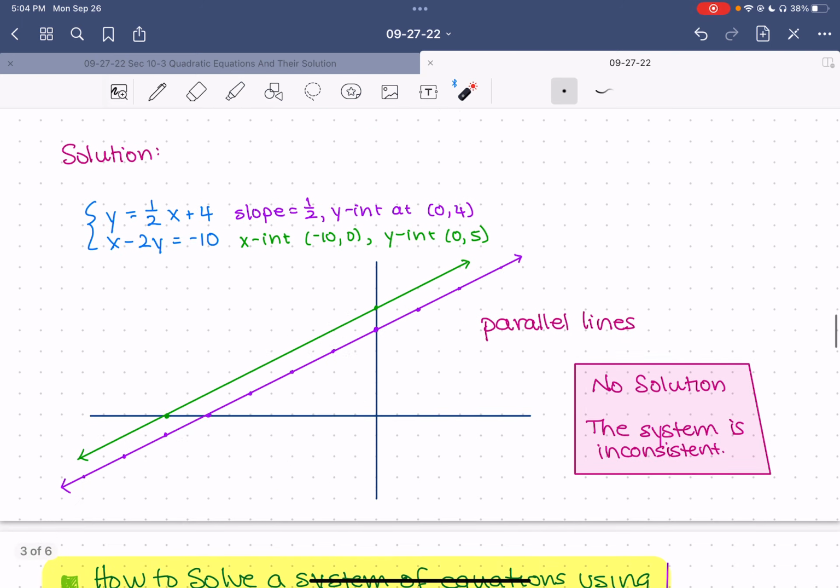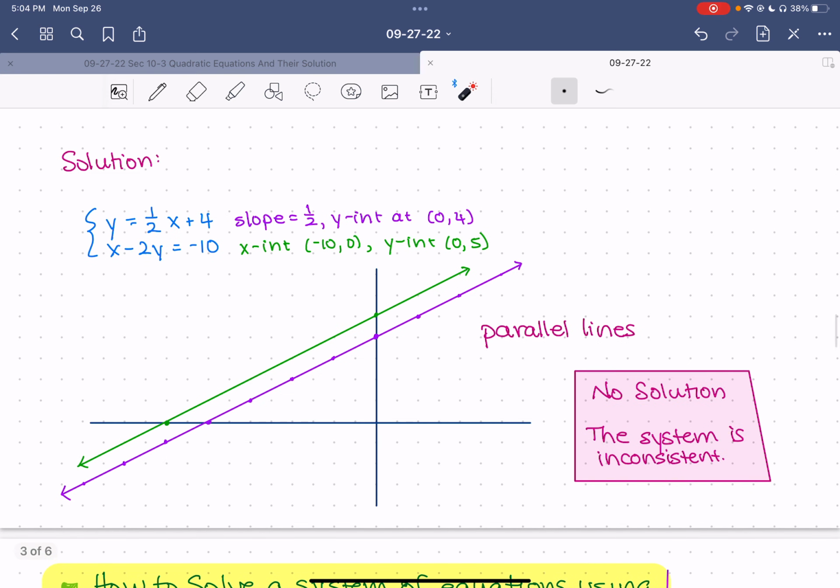Okay, hopefully you paused the video. Here's the solution right here. The first line has a y-intercept of 4 and a slope of 1/2. It's the purple line. This equation is in standard form, so the x-intercept is -10 divided by 1, or -10.